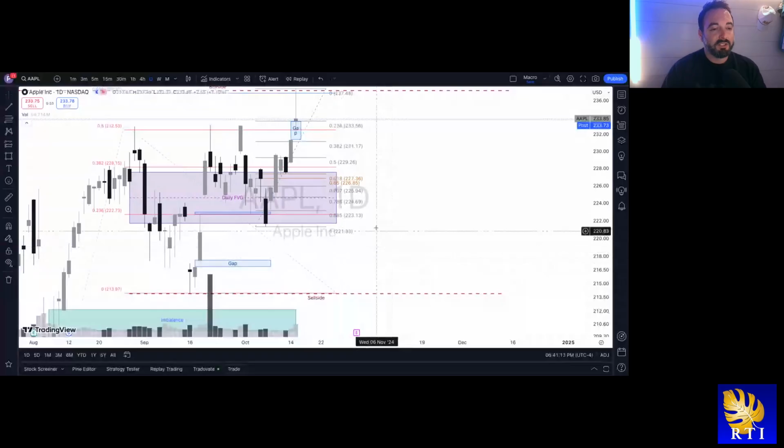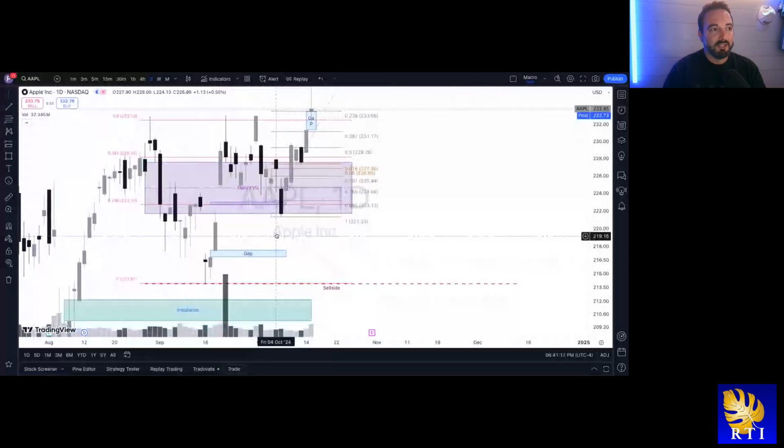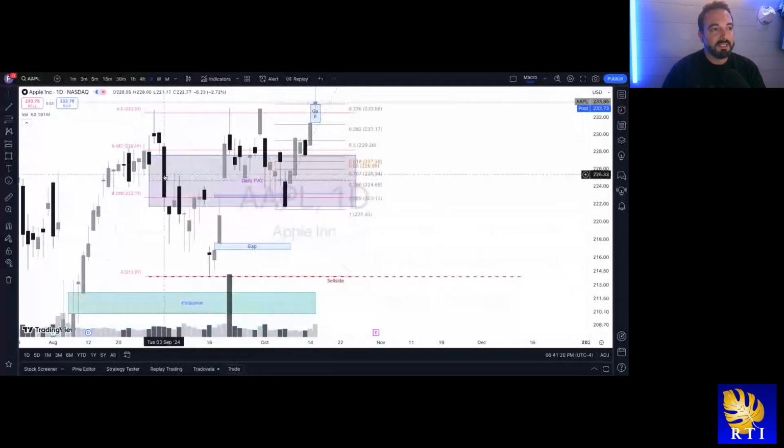I'm going to jump into Apple first, actually. Just to recap this mess here on what you see here. Back in September, we created this daily fair value gap, right? So this is an imbalance. We had this wick here, we had a big push down, and then the next wick here.